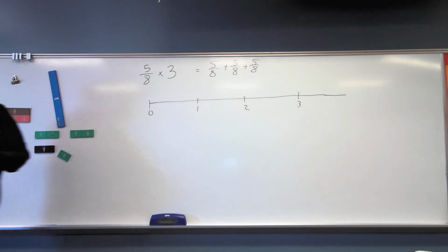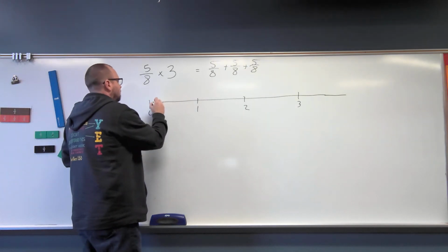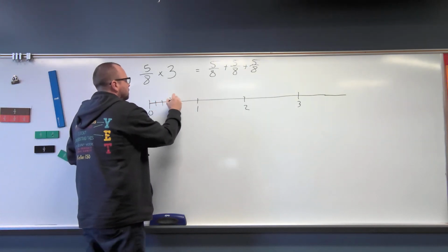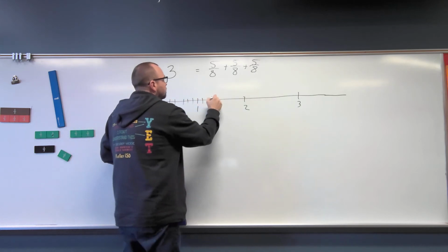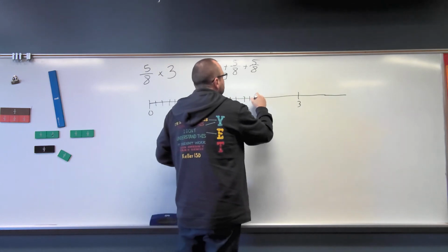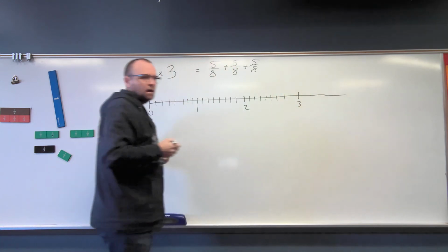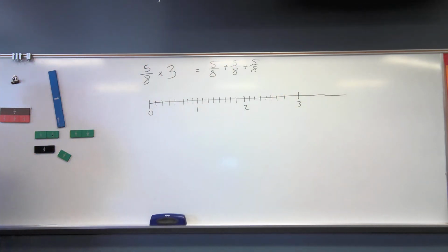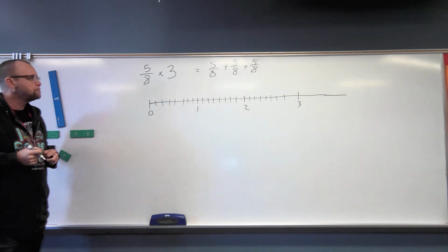And since my fraction's in 8ths, I can make my number line in 8ths. 1, 2, 3, 4, 5, 6, 7, 8, and so on. And ideally they'd be nice and equally spaced. Hopefully someone more artistic than me could do it.